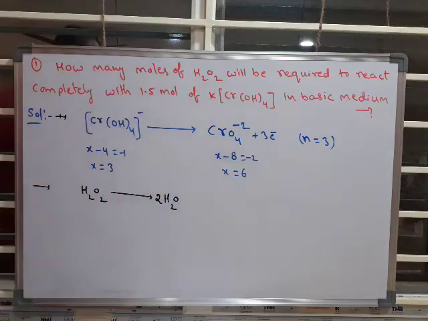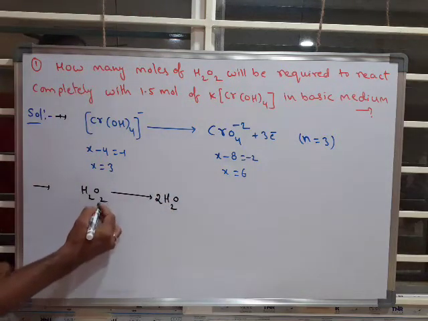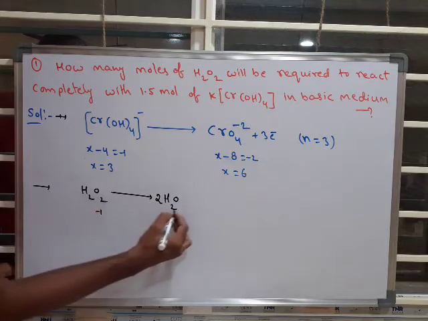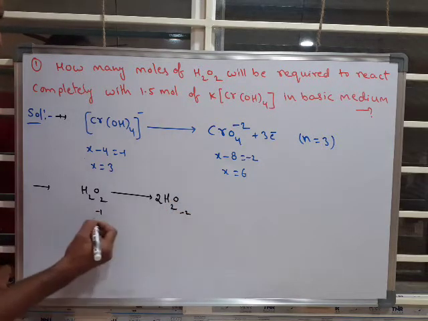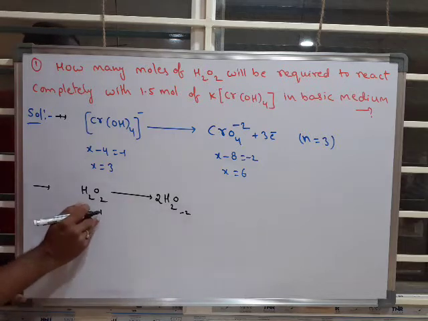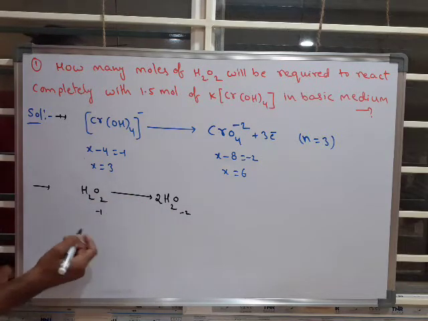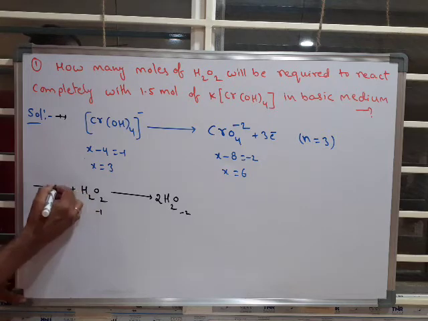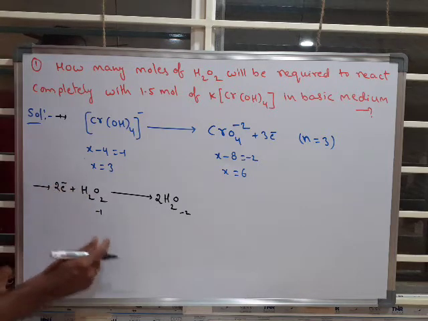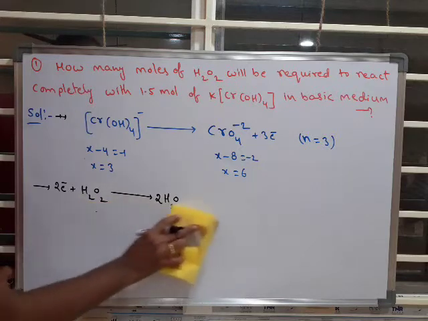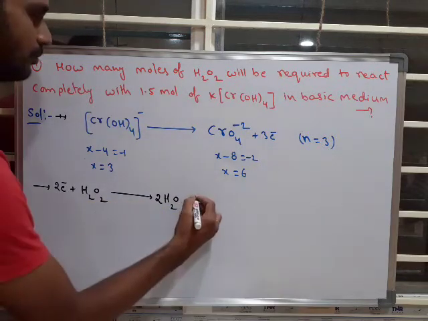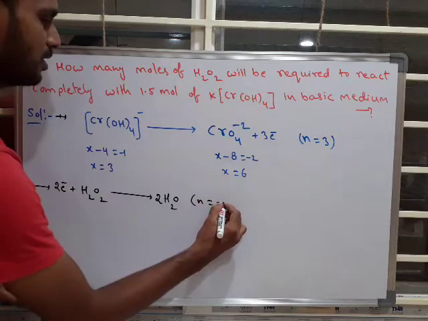There are 2 oxygens, each with oxidation number minus 1, going to minus 2. So a gain of 2 electrons takes place in total. So the n factor is 2.